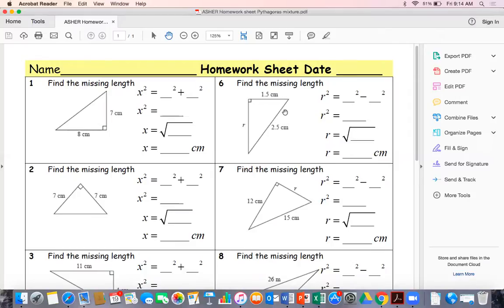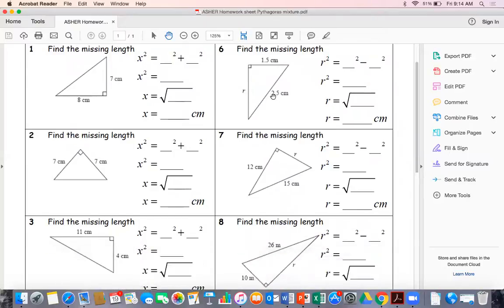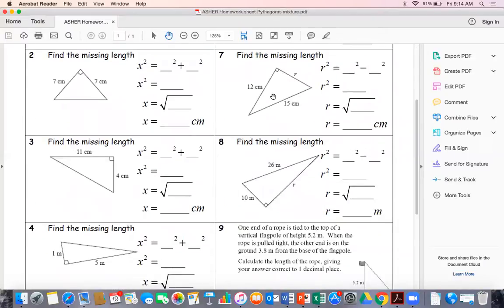You must take the hypotenuse minus 1.5. Always the hypotenuse, because the hypotenuse is the bigger side. So it's the bigger side minus the other side. Because your formula is a squared plus b squared equals c squared. C squared is on the other side, the hypotenuse. So b squared to the other side is c squared minus a squared.